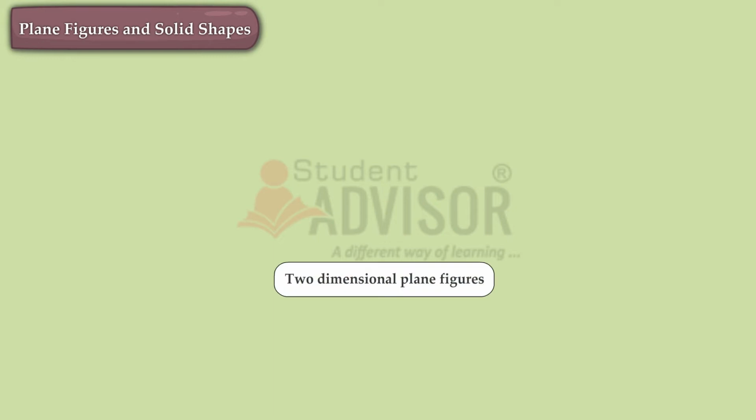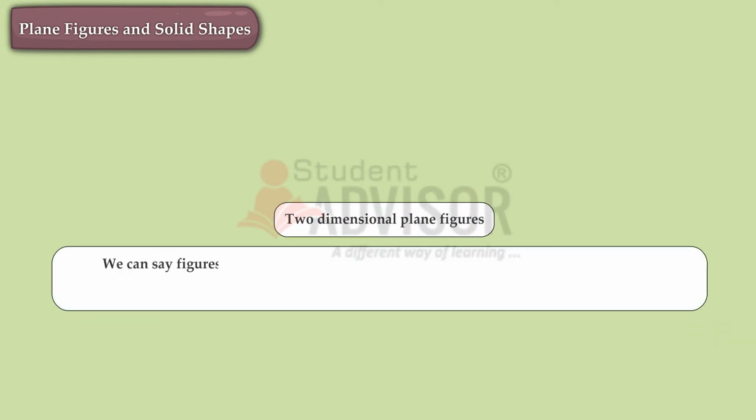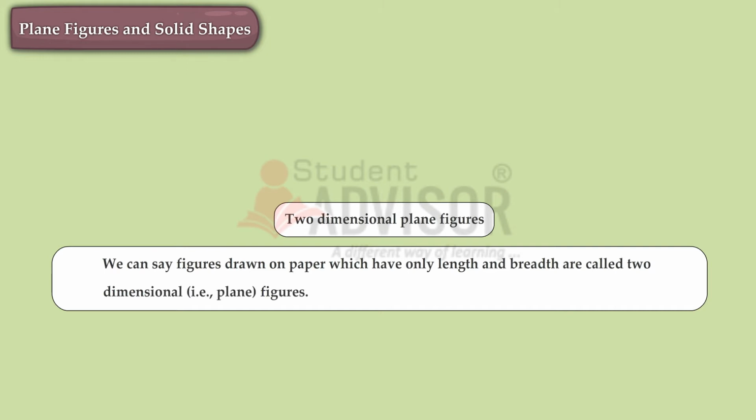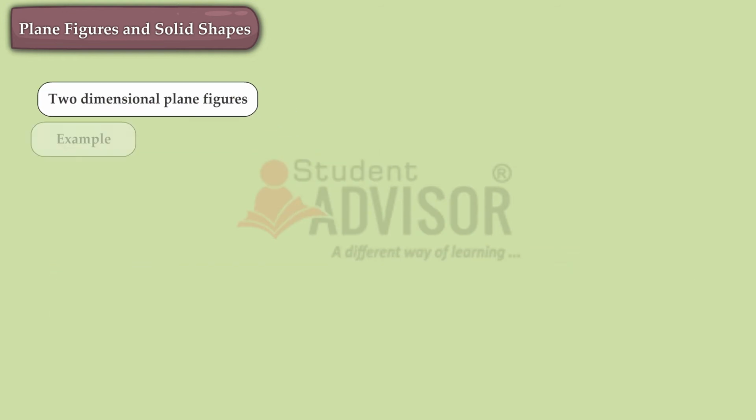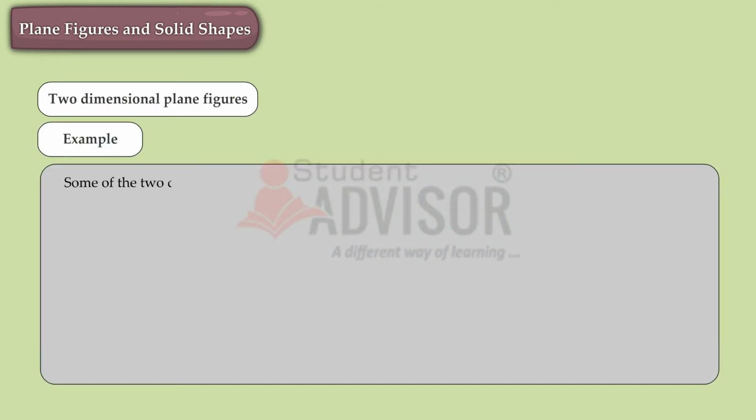Two-dimensional plane figures. We can say figures drawn on paper which have only length and breadth are called two-dimensional, that is, plane figures. Study the given examples. Some of the two-dimensional shapes, that is, plane figures, are given below.